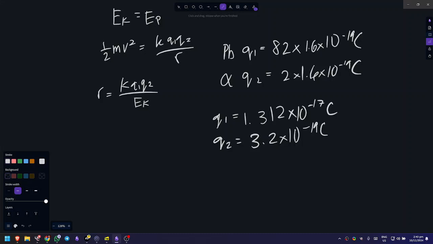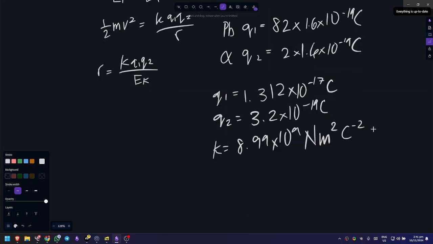Now we multiply by another constant, k, which we get from the data booklet. The constant k is 8.99 times 10 power 9 newton meter square per coulomb square.